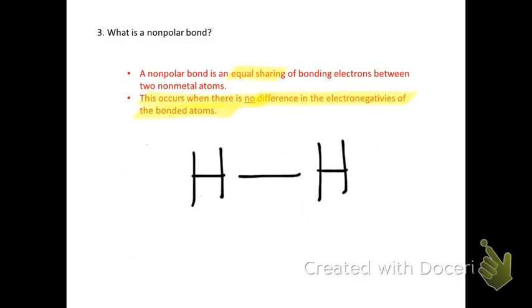These two hydrogen atoms are going to have the same electronegativity, so there's going to be an equal pulling on the electrons, so therefore it results in an equal sharing of electrons, and no polar bond will be formed. Alright? So that's the difference between a polar bond and a nonpolar bond: the electronegativity differences, and an unequal versus an equal sharing of electrons.